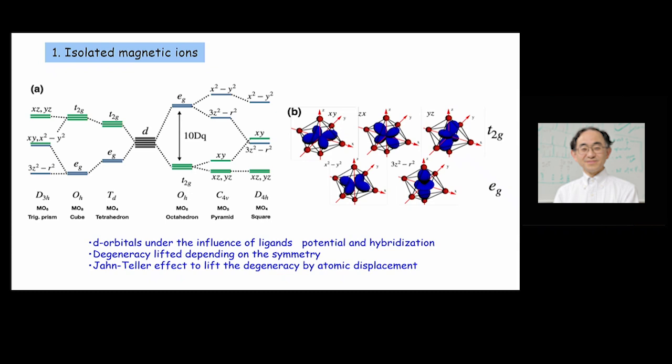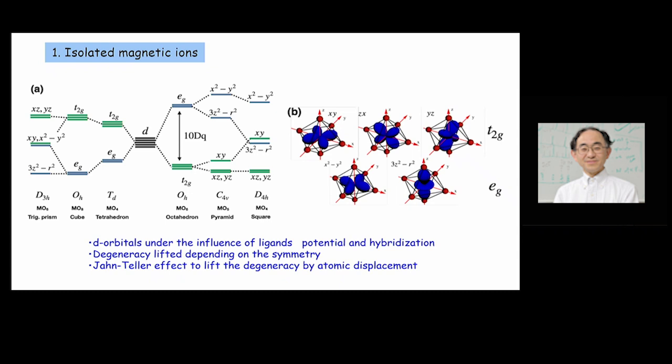And then under the influence of anions surrounding the transition metal ion, for example, if you have an Oh symmetry, this corresponds to the configuration where this magnetic ion is surrounded by, for example, oxygen atoms at plus minus x, y, z, six oxygens, right? So that is the MO6 configuration showing the octahedron, right?